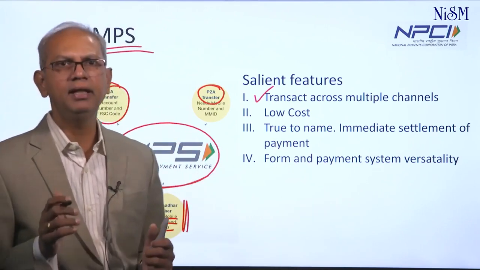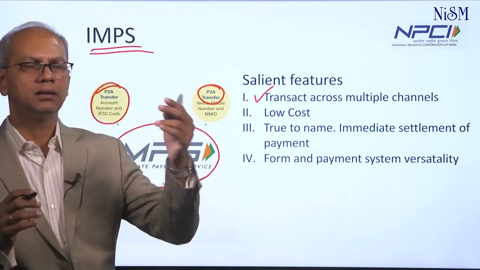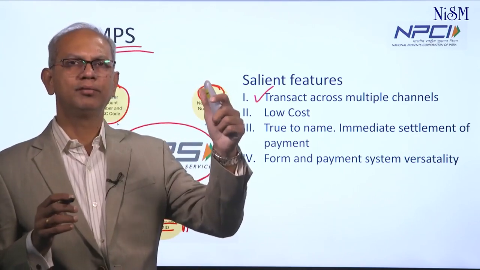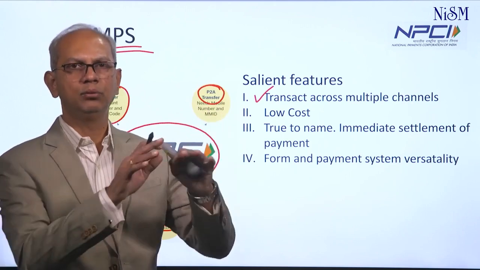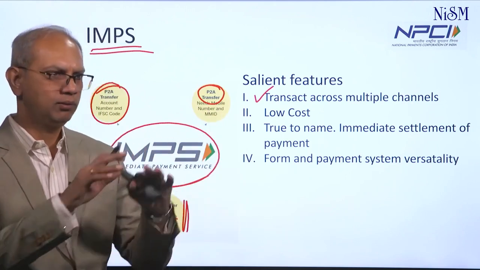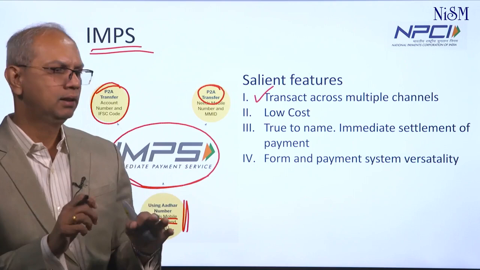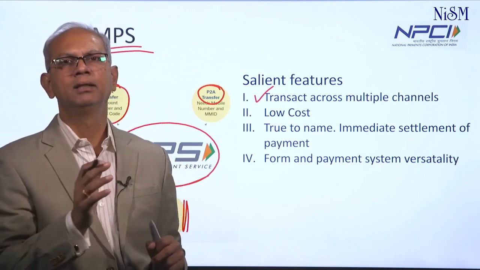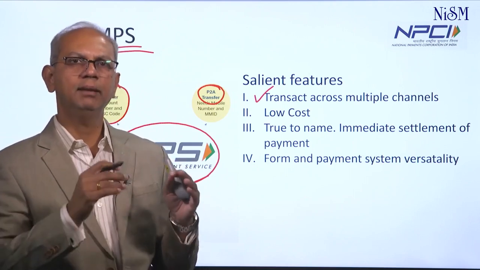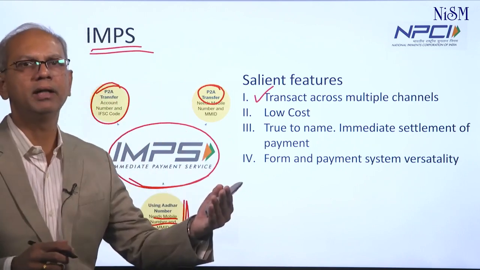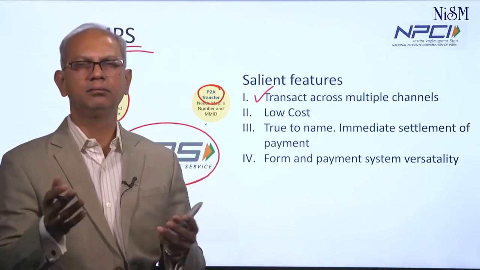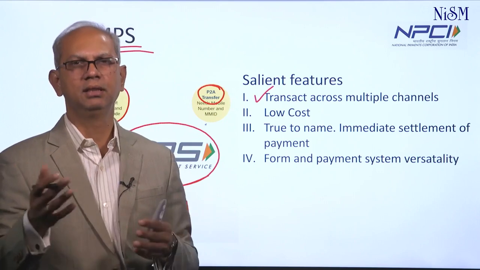The NEFT, where you require a lot of counterparty details that you need to fill in, the bank account, right? Once you fill those details and you wish to send the money, the transaction time for the credit from your account to the counterparty's account was anywhere between 15 and 30 or 60 minutes, right?